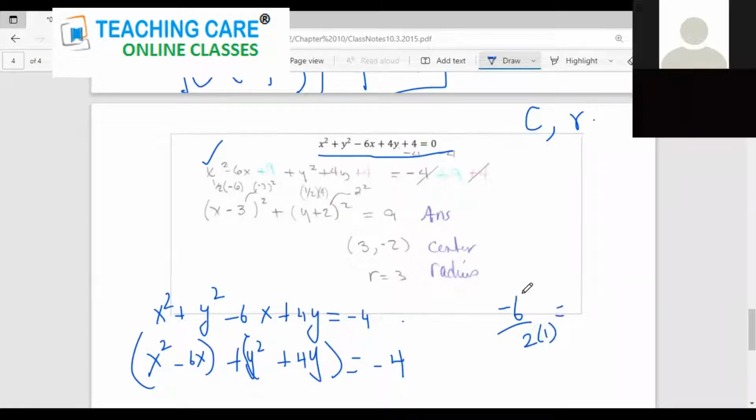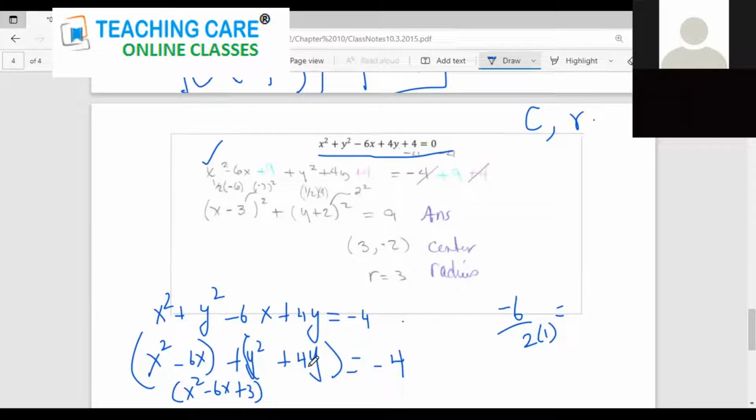It's plus 6 because negative and negative, so it would be +3. So here it would become x squared minus 6x, and +3 will be there. So I need to add +3 to this.